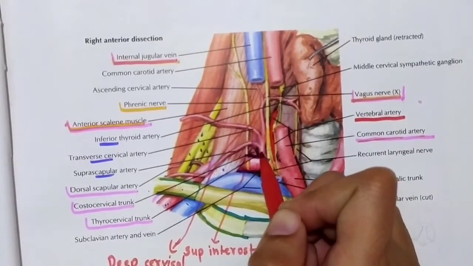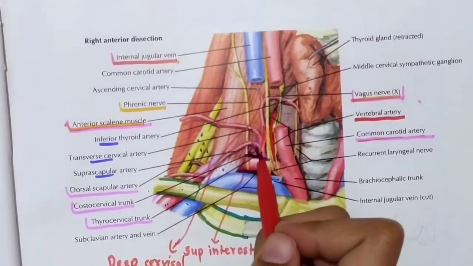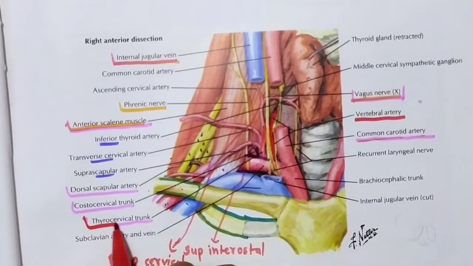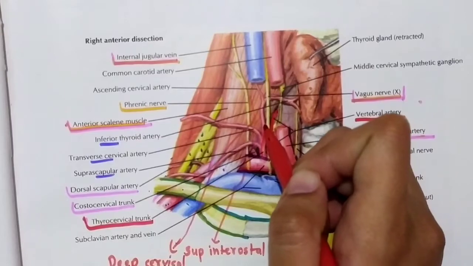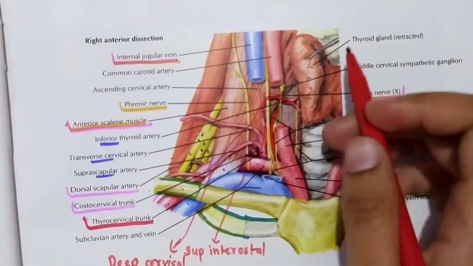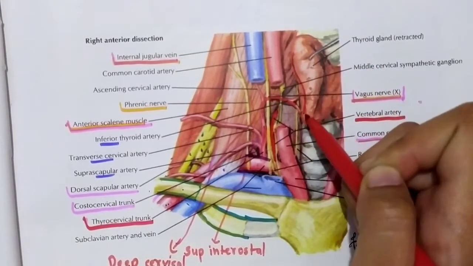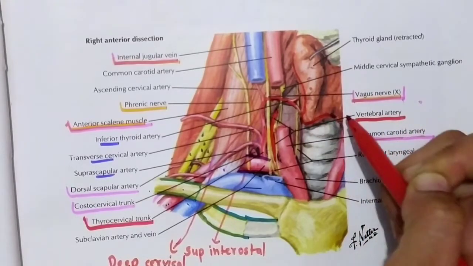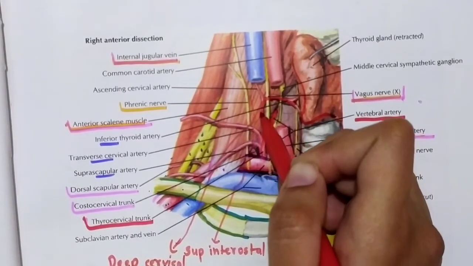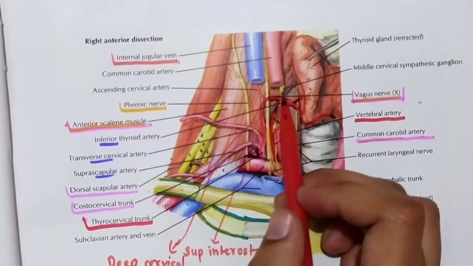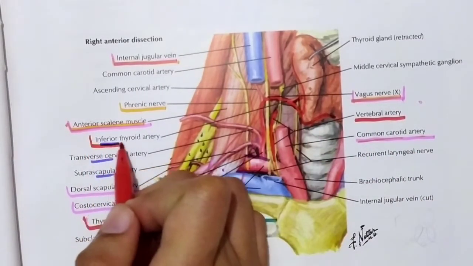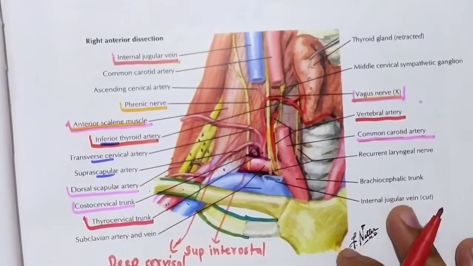Then this is the thyrocervical trunk, and from the thyrocervical trunk three branches originate. First is the inferior thyroid. You can see this is the thyroid gland, and this artery supplies it through the inferior part, that's why it is known as the inferior thyroid artery.